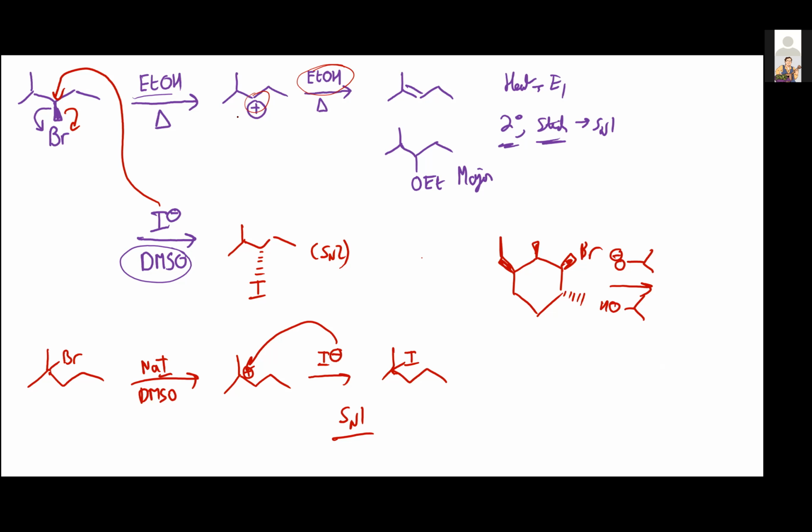Great. You've got two options of hydrogens to eliminate. But you don't really, because this hydrogen here is not anti-periplanar to that bromine, whereas this one is. So you don't really have an option.